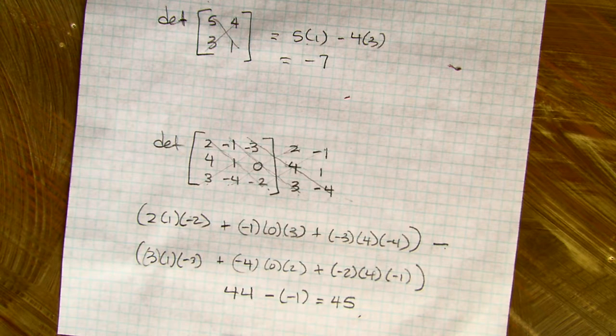Now, what do we use the determinant for? A couple things. First being finding the area of a triangle given its coordinates. The second is going to be solving a system of equations.